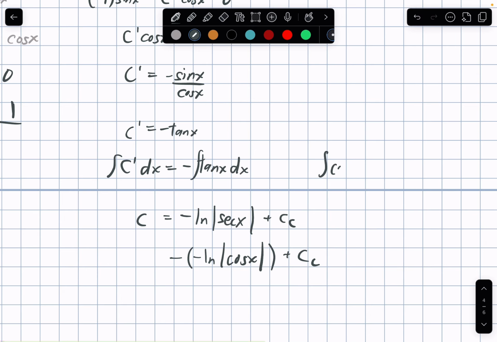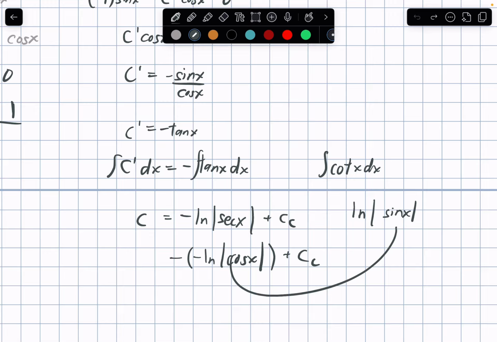The integral of cotangent x, on the other hand, is supposed to be ln sine, sorry, not cosecant. Sine and cosine, cotangent to tangent. I just have to remember tangent: sine over cosine, and cosine is its foot.